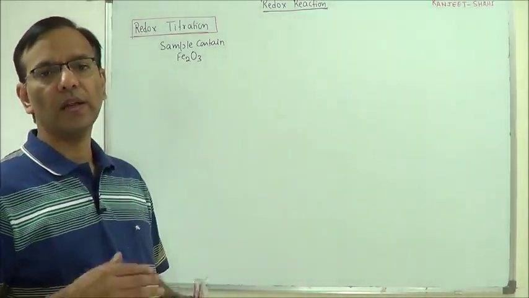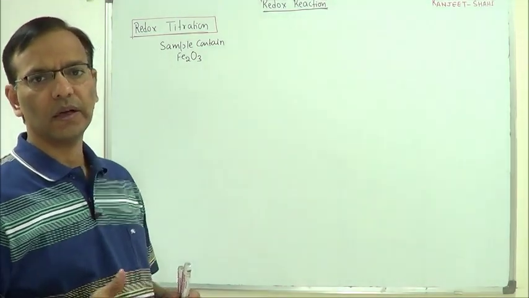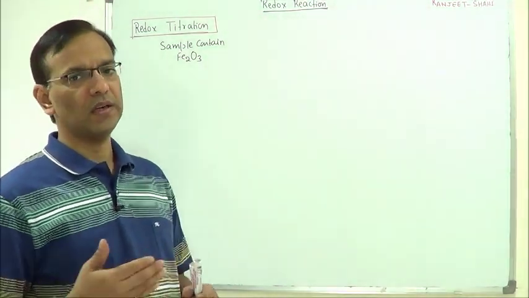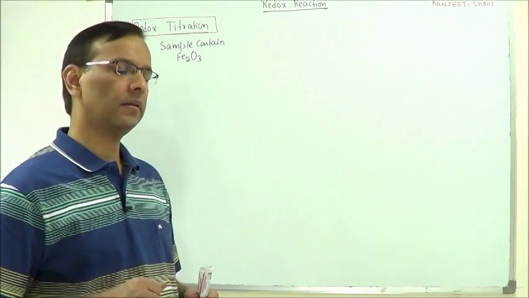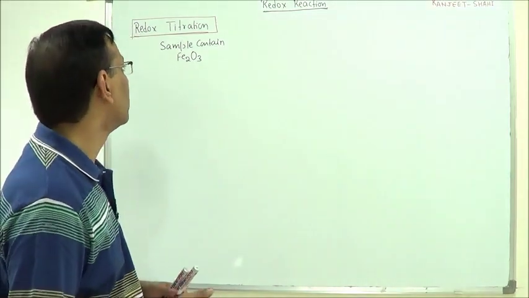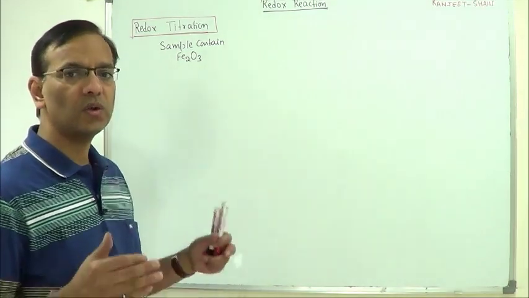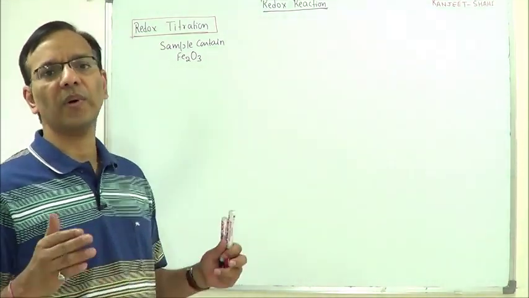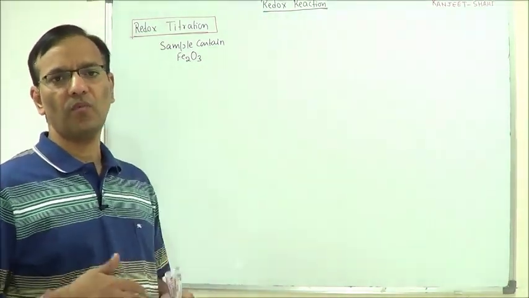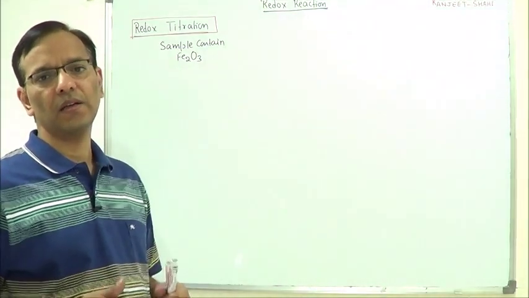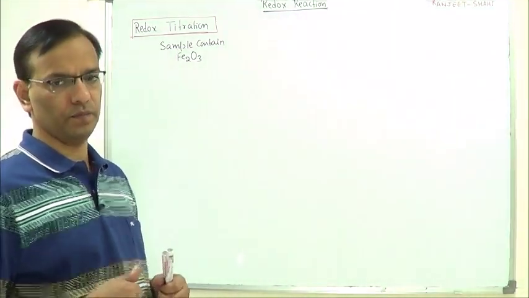So in the mineral the compound is known, that is ferric oxide, but the mineralogist wants to know what is the percentage of ferric oxide in the sample of iron.